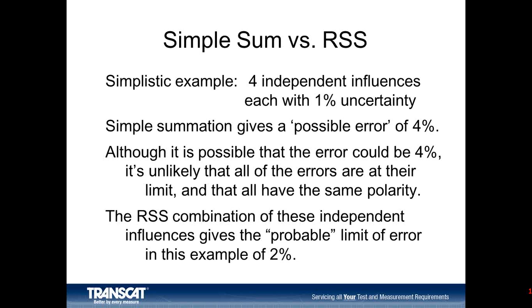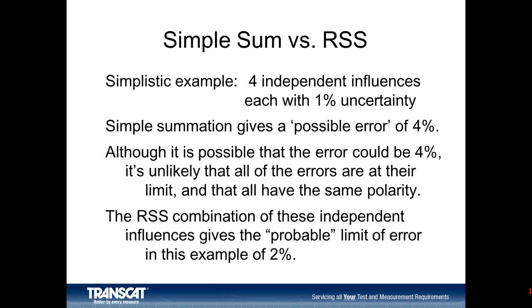One doesn't influence B or C or D. But in this example, each of them has a 1% contribution to the uncertainty. So the simplistic assessment of this might just be adding those 4 1% terms together, and it might seem that the uncertainty would be 4%.